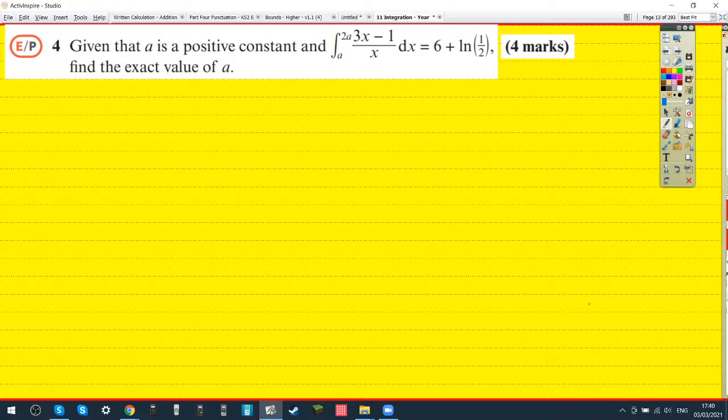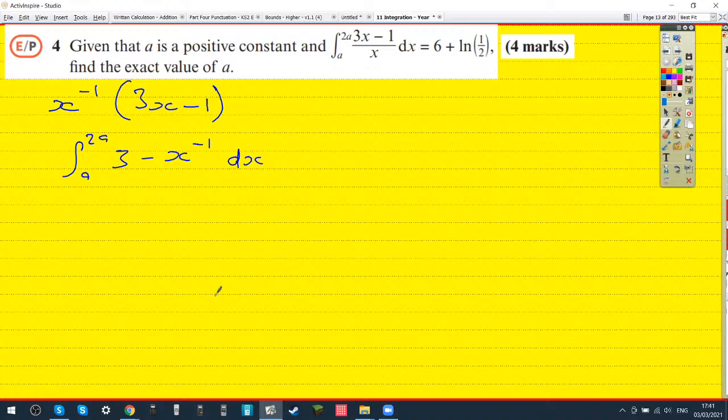So firstly, we do x to the minus 1 brackets 3x minus 1, and then I have to expand that. x to the minus 1 times 3x is just 3. Minus x to the minus 1. Now we sub in 2a for x.